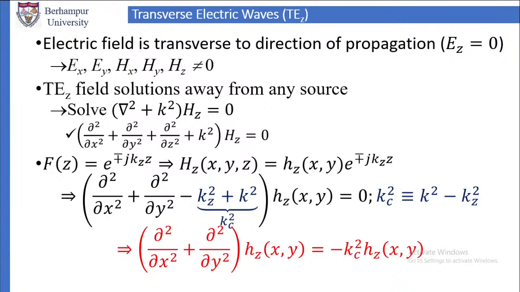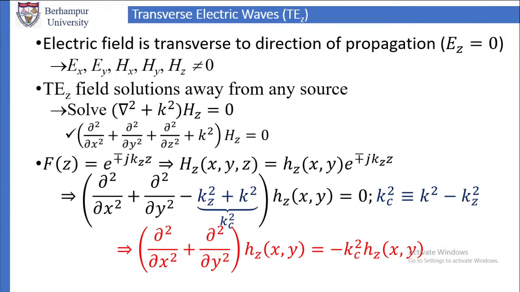In the transverse electric mode, the electric fields are transverse to the direction of propagation. Here the direction of propagation is in the z direction. Therefore we write TEZ. Z indicates that the direction of propagation is along the z direction.